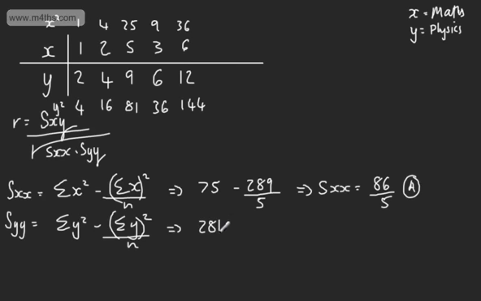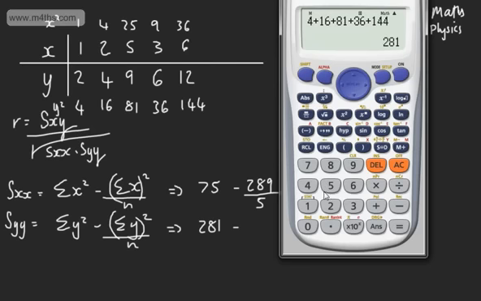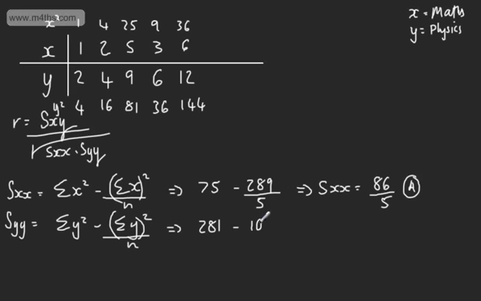So we've got 281 minus now, we need to sum all of these, square them and divide by the number. So we'll have 2 plus 4 plus 9 plus 6 plus 12. That gives me now 33. I'm going to square that. That gives me 1089, and then I'm going to divide that by 5. So we end up with 1089 over 5. So let's write that in.